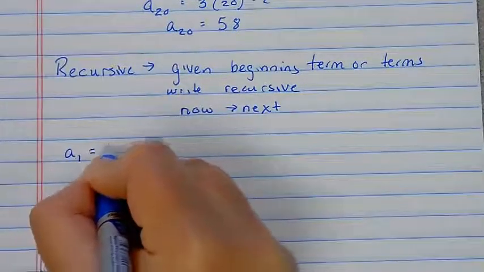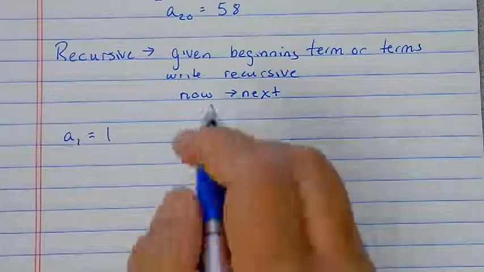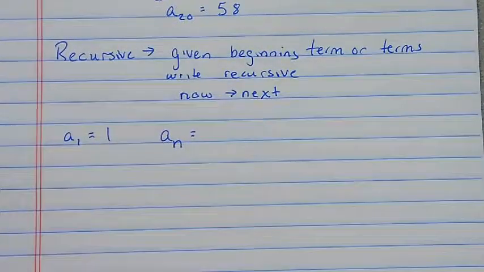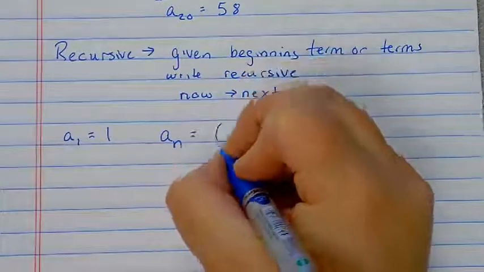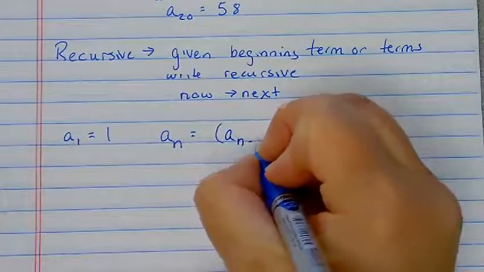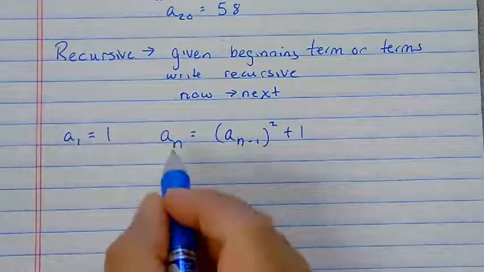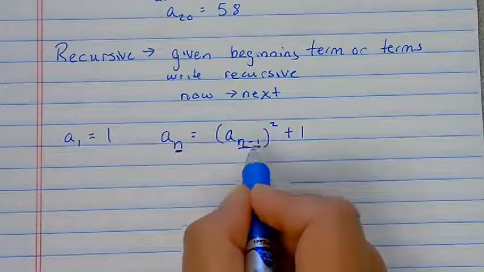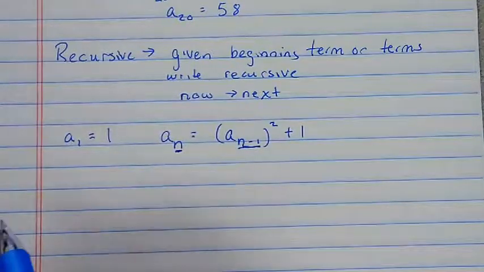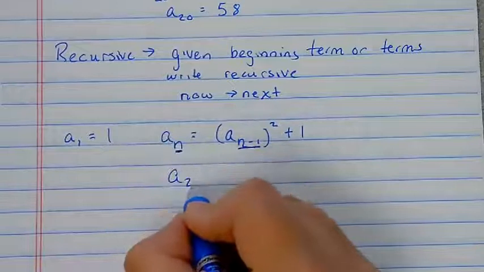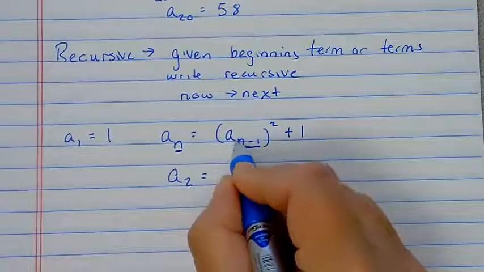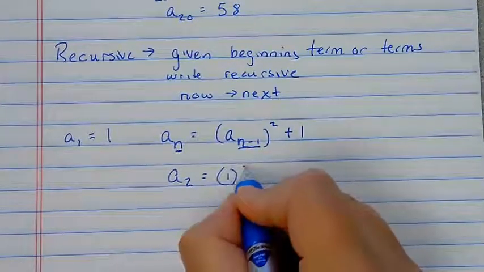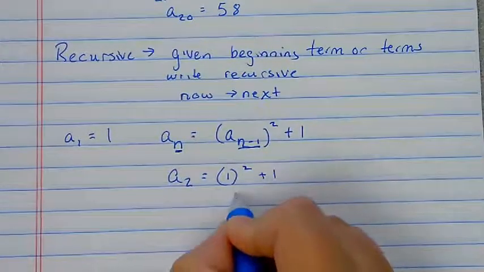If I know that term 1 is 1, I can find the next term by taking this. So this would be term whatever you're talking about. When you see n minus 1, that means the term before it. So if I wanted to find term 2 in this case, I could do the term before term 2, which would be term 1, squared, and add 1.